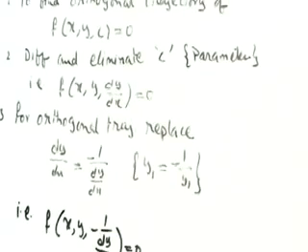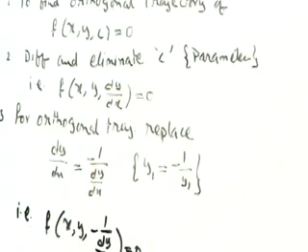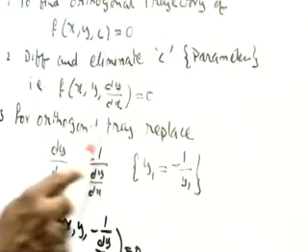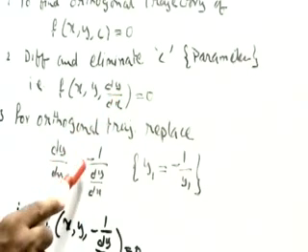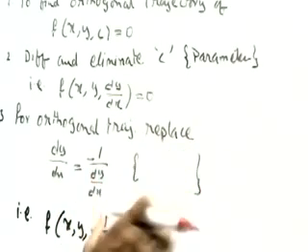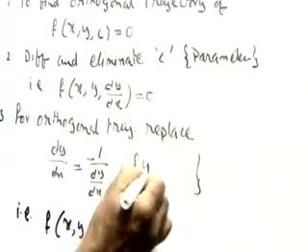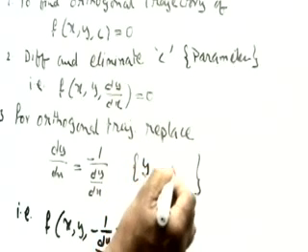Now, how to solve for orthogonal trajectory? We have to change dy by dx to minus 1 by dy by dx. This is the main method. To get the orthogonal trajectory curves, we have to replace dy by dx by minus 1 by dy by dx. Sometimes questions will be very big, so we can write it short: dy by dx means y1.